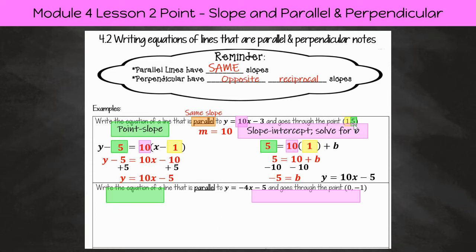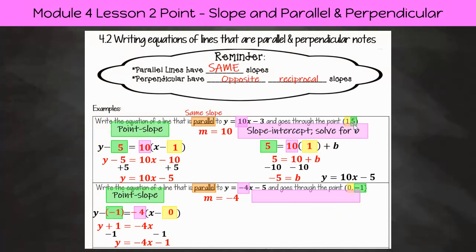All right, now that you're back to check your work, we have a parallel line, so we're looking for the same slope, which is going to be negative 4, and passes through (0, negative 1). So if we use the point slope form, you would have y minus a negative 1 equals negative 4 times x minus 0, while y minus a negative 1 simplifies to y plus 1, like we see here.